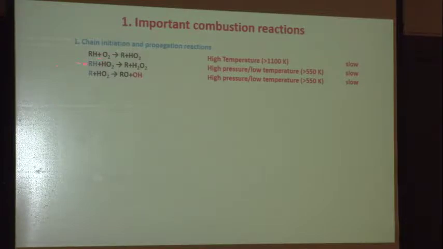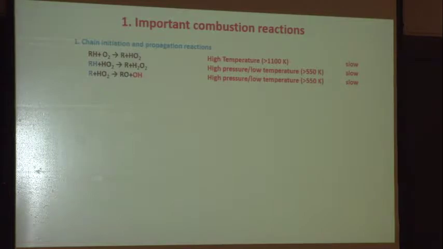And the other one is RH plus HO2: at lower temperature and high pressure, you form a lot of HO2, and this H abstraction by HO2 reaction is also very slow, and they form peroxide radicals. All these things are very slow.